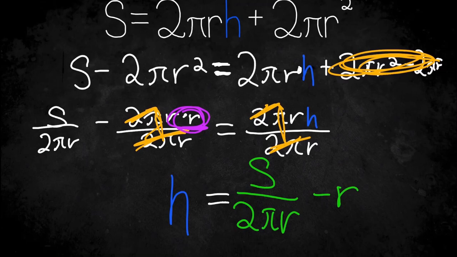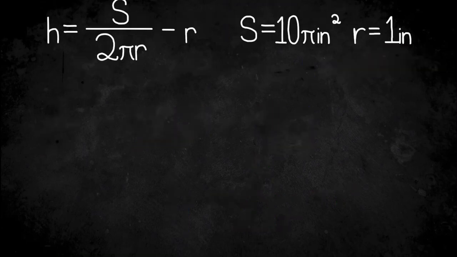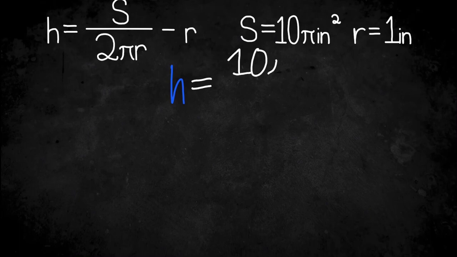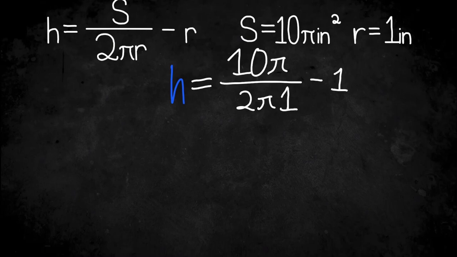So now that we have solved this part, we can replace the variables with the numbers. So we have h equals S over 2 pi r minus r. Let's do that. So we have h equals 10 pi over 2 pi times 1 minus 1. Now if you just look real quickly, we have a pi on both sides, so that will cancel out. And 2 times 1 is just 2.